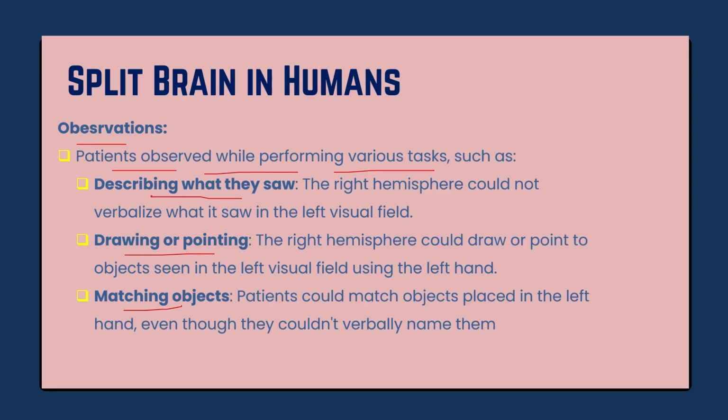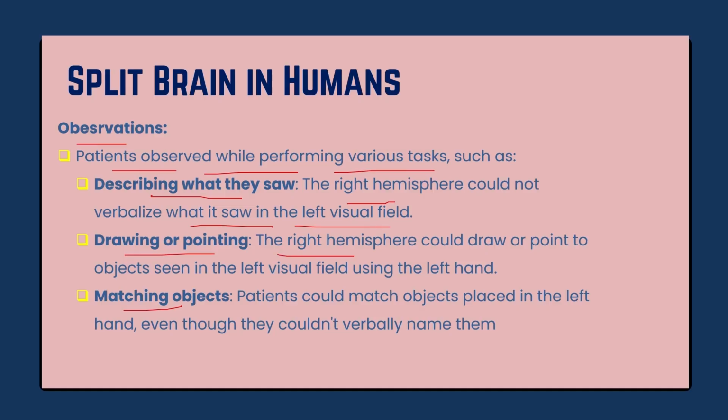Okay. The right hemisphere lacks language ability and hence could process images, spatial information and emotions, but it could not produce speech, while the left hemisphere, which controls language, could produce speech, right? So the right hemisphere could not verbalize what it saw in the left visual field.